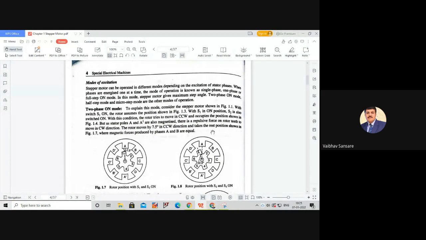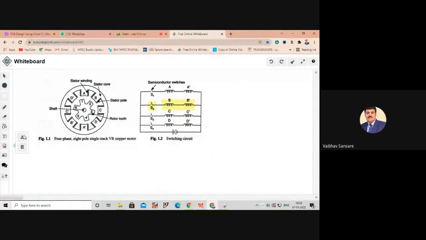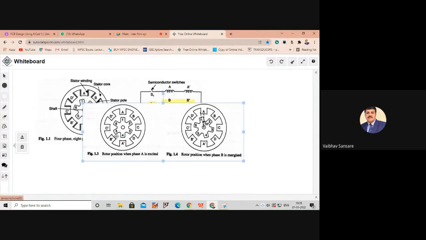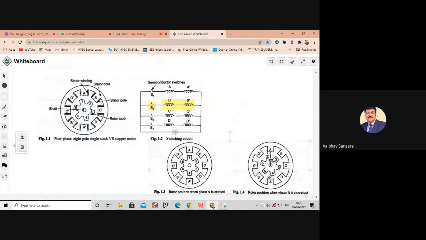With S1 in the on position, the rotor position is as shown in figure 1.3. So the first case we consider is with S1 on. When we switch on S1, the coil A and A dash gets energized, and the rotor poles 1 and 4 try to align with stator poles A and A dash.